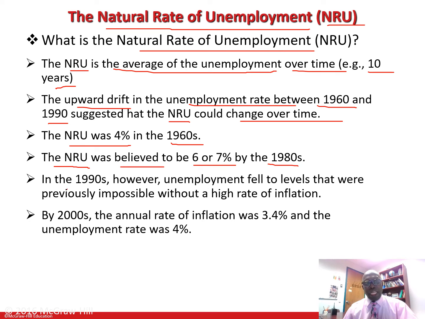In the 1990s, however, the unemployment rate fell to levels that were previously impossible without a higher inflation rate. By 2000, the annual rate of unemployment was 3.4% and the unemployment rate was 4%.